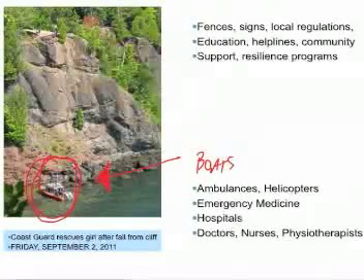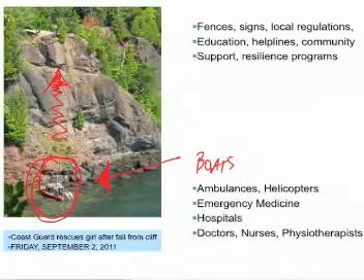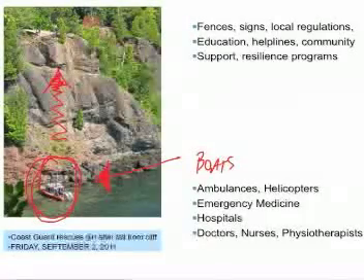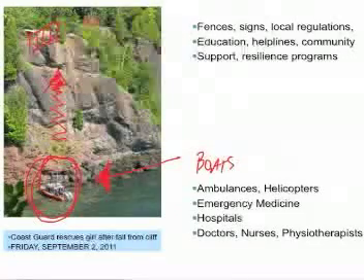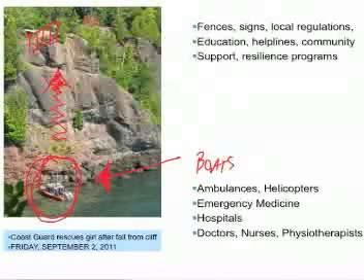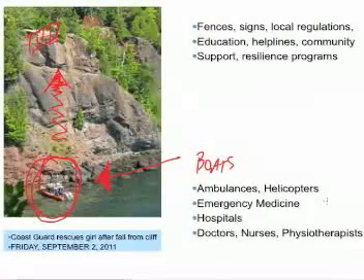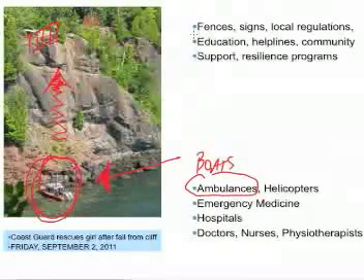But public health moves back up to the determinants of people falling off the cliffs in the first place. And so basically the public health approach is to stop people from falling off this cliff by building fences, erecting signs, creating regulations which prevent people from falling off the cliff, educating people about the dangers of going too close to the cliff, etc. And essentially, one of the other notions about public health is that people who can drive an ambulance very well, for example, or drive a boat very well, may not actually know how to build very good fences.